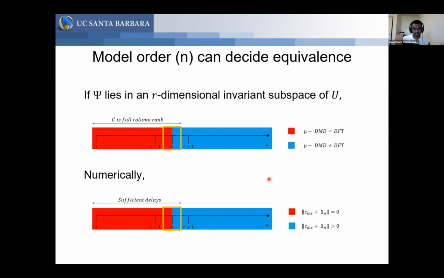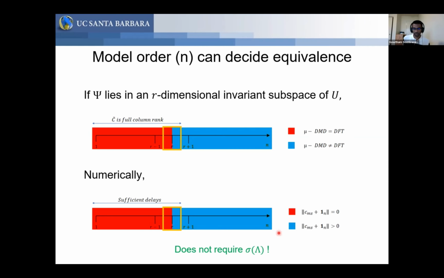Here's a numerical version of it. You do the same trick of replacing the requirement of Koopman invariance with enough time delays, and you can replace this condition over here with a numerical indicator from literature. What's good about this whole result is that you don't really need an idea of what the underlying spectrum is.